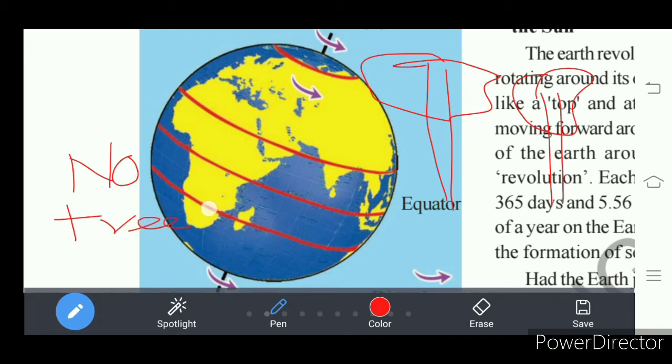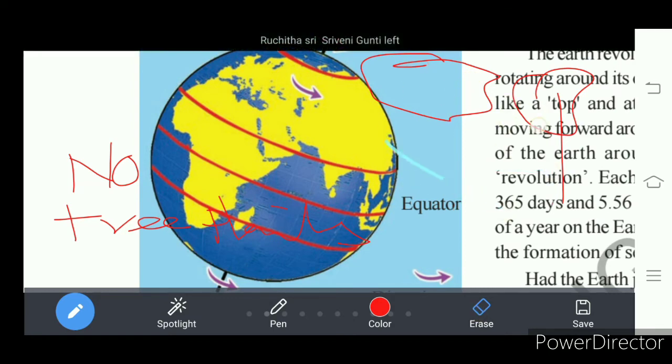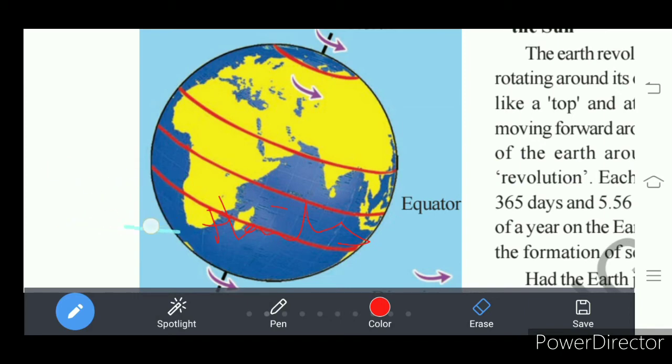That means plants do not grow. In very cold regions also, we do not find plant growth, right? That means temperature and rainfall, these two things influence plant growth in that region.